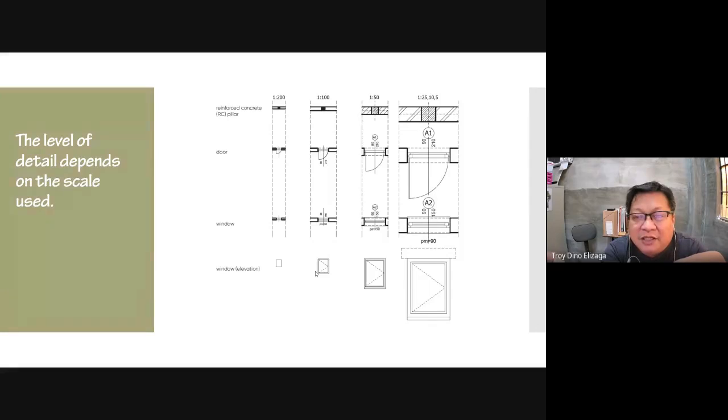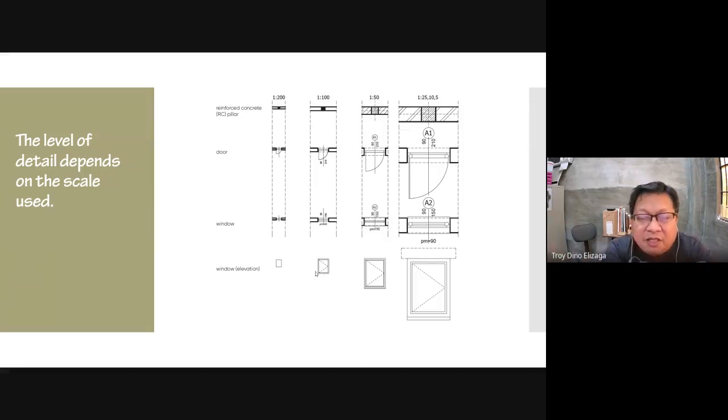Even the leaf of the door already has a particular thickness. And then the pillar, you can see now the hatch. There's a symbol that tells you what material this is, and that differentiates it from the wall.